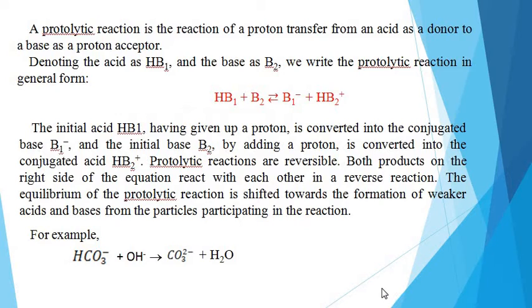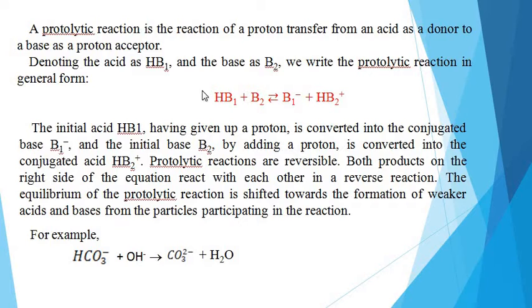A protolytic reaction is the reaction of a proton transferred from an acid as a donor to a base as a proton acceptor. Denoting the acid as HB1 and the base B2, we write the protolytic reaction in the general form.